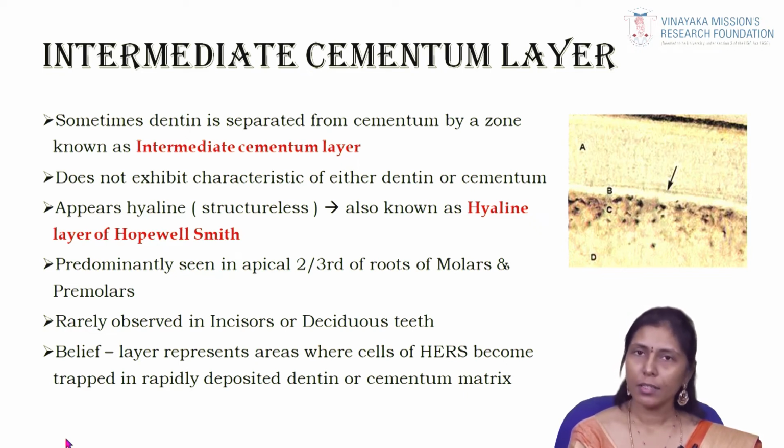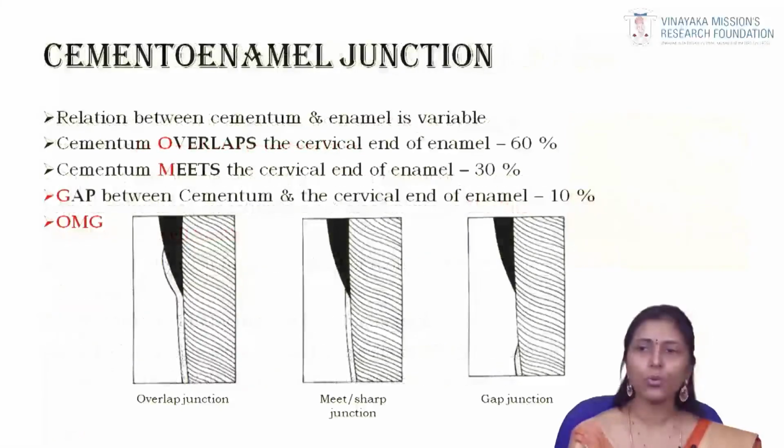So this intermediate cementum layer is rarely observed in incisors or deciduous teeth. There was an earlier belief that this layer represents areas where the cells of HERS become trapped in rapidly deposited dentin or cementum matrix.